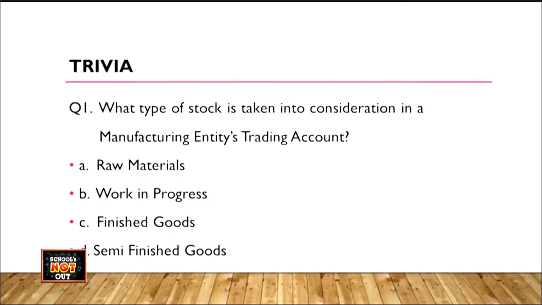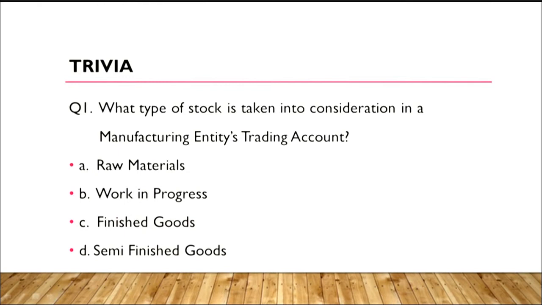The first trivia question is, what type of stock is taken into consideration in a manufacturing entity's trading account? Is the answer A, raw materials? Is the answer B, stock of work in progress? Is the answer C, stock of finished goods? Or is the answer D, stock of semi-finished goods?